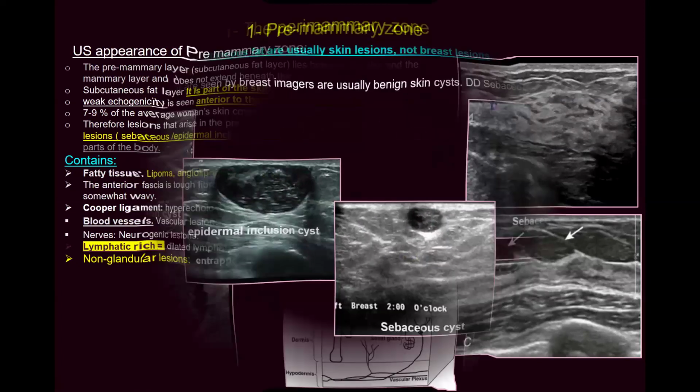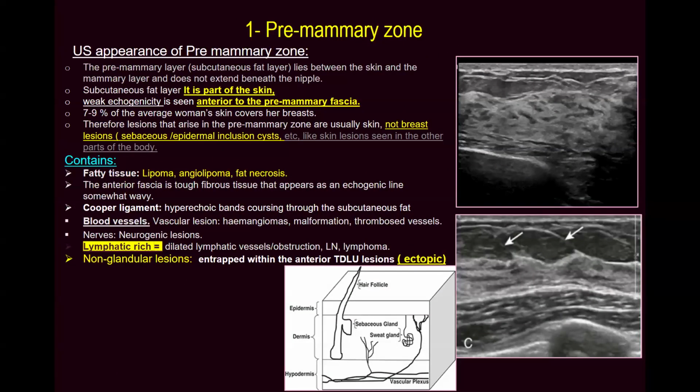Most lesions usually arise within this area, representing dermal lesions, like any skin lesions arising in other parts of the body.